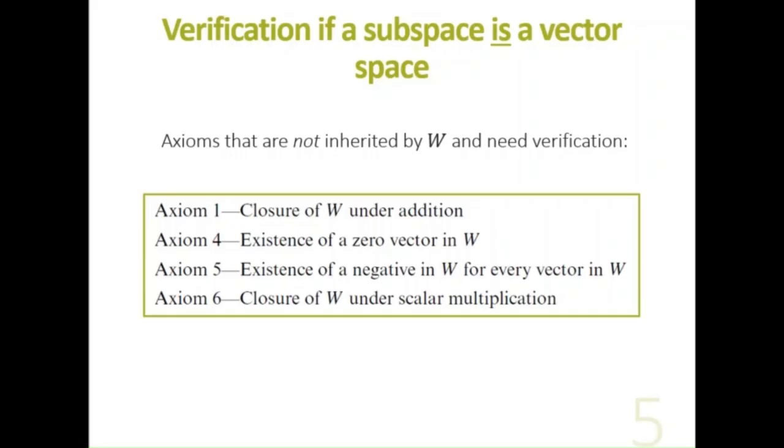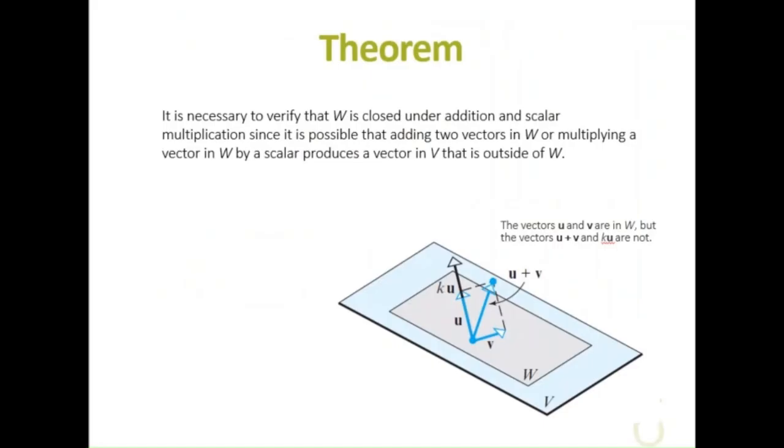So we'll look at these in detail here. So if we want to verify that W is in fact a subspace of V, we need to verify that it is closed under addition and scalar multiplication. So I hope right away you are recognizing that those in fact are axioms 1 and 6. So don't forget your axiom 1 and 6.